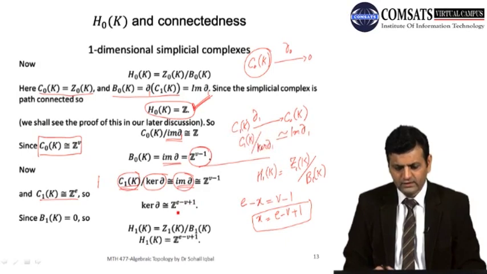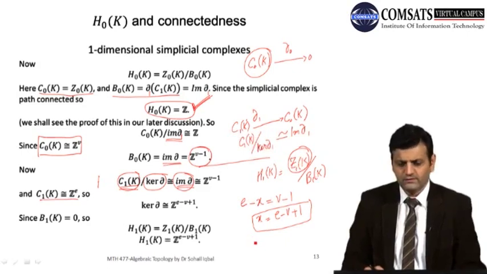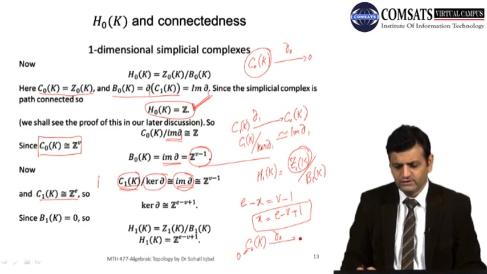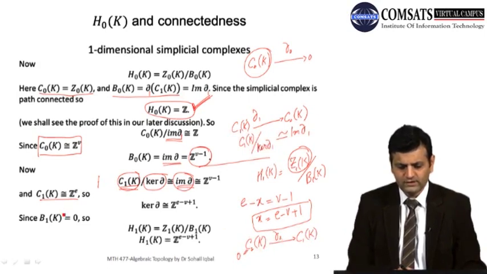So we know the rank of Z₁(K), which is the set of elements which go to 0. Now B₁(K) is 0 because C₂(K) is 0, since it's a simplicial complex of one dimension. If this is 0, then the image of ∂₂ inside C₁(K) is 0, so B₁(K) is 0.